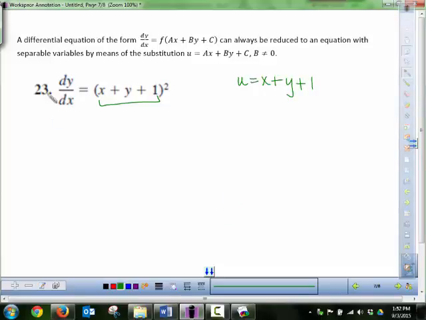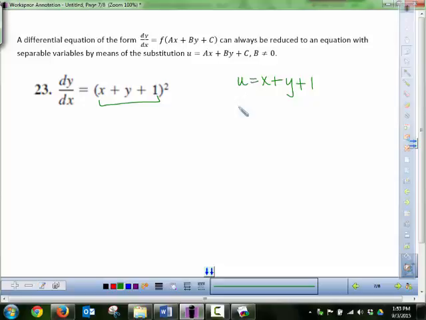And then we'll approach this with a dy/dx differential. We'll assume that u is a function of x, y is a function of x, and x is just x. So basically, let's take the derivative of this with respect to x.